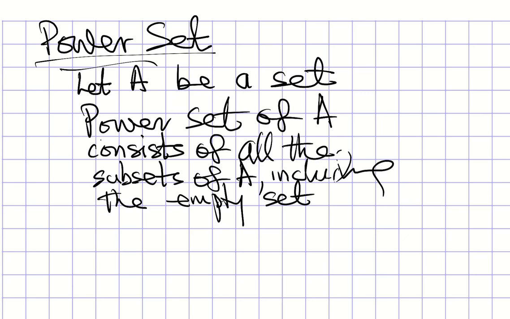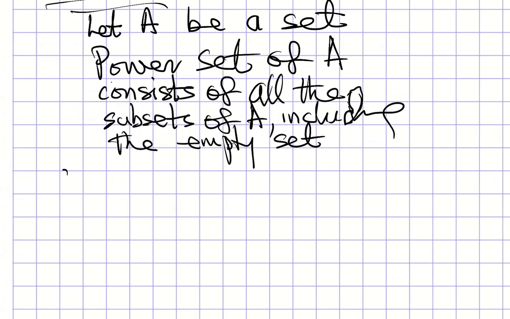All right, that's all that is saying, including the empty set. Of course, you will include it. And then the symbol is written like this. The power set of A is written like this. It looks like probability. I don't know how many of you have done probability. It looks like probability of A. But anyway, that's the power set of A.